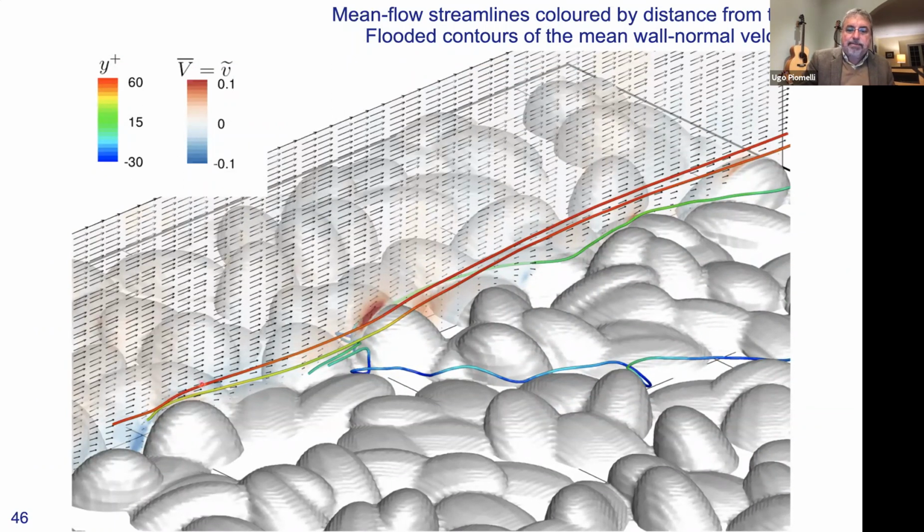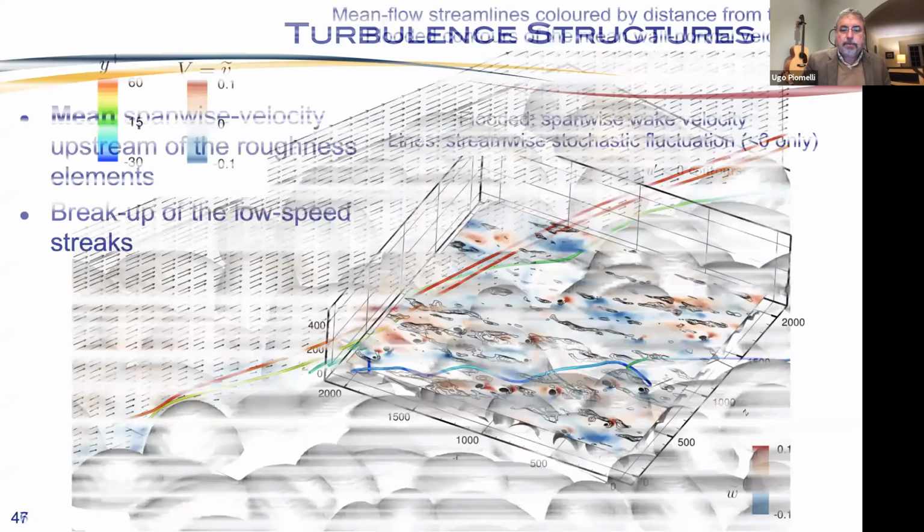And you also see some sweeps, the flow going into the roughness sublayer. And the sweeps tend to be less dramatic. You don't have this large vertical component, but they tend to be quite a bit larger because they extend over the entire separated flow and recirculation region behind the elements.